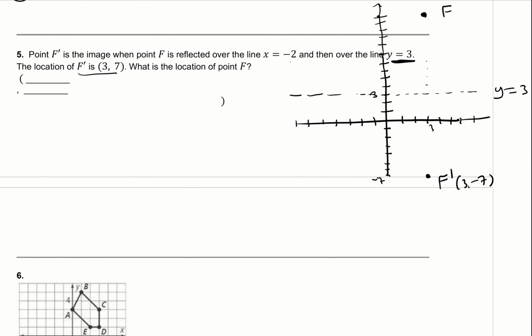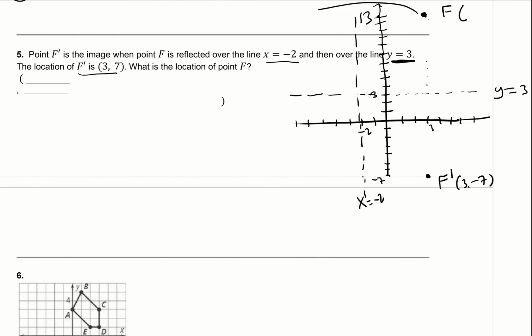Now let's write the coordinates: 4, 5, 6, 7, 8, 9, 10, 11, 12, 13. Now we're going to reflect it over x equals -2. Let's draw that. -2 is over here, and it's going to be vertical. So this is x equals -2, this vertical line.